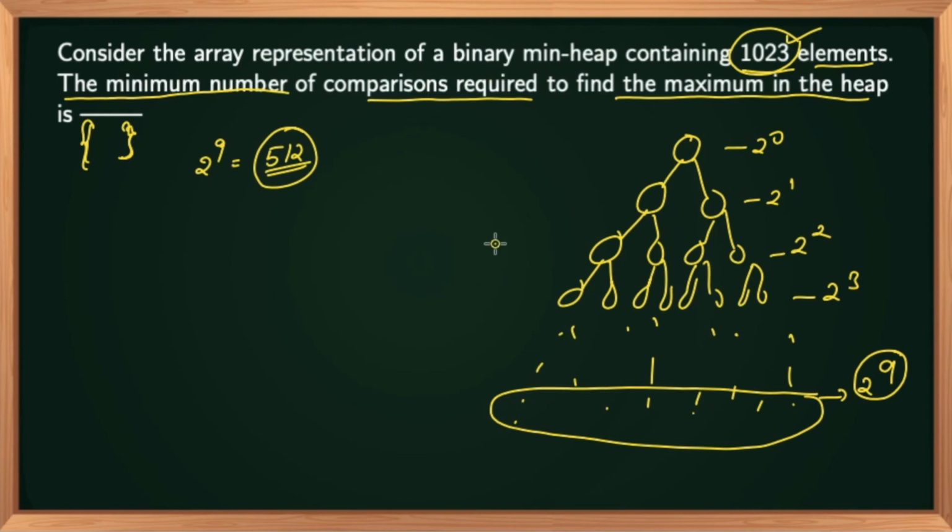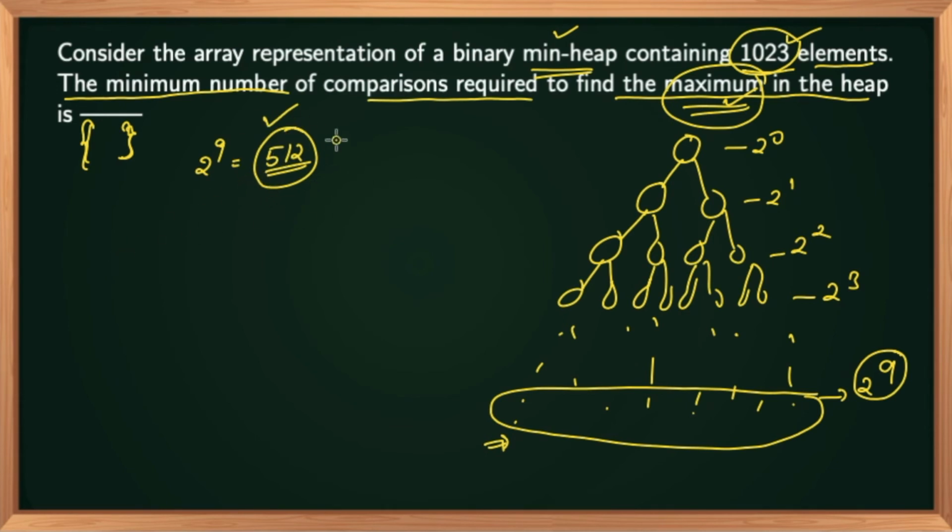Now we also know that it is a min heap, and the maximum element will be in the leaf, right? If you have a min heap, then the maximum element will be in the leaf. So we know that this maximum element will be one of the leaf nodes, and we have 512 leaf nodes, right?